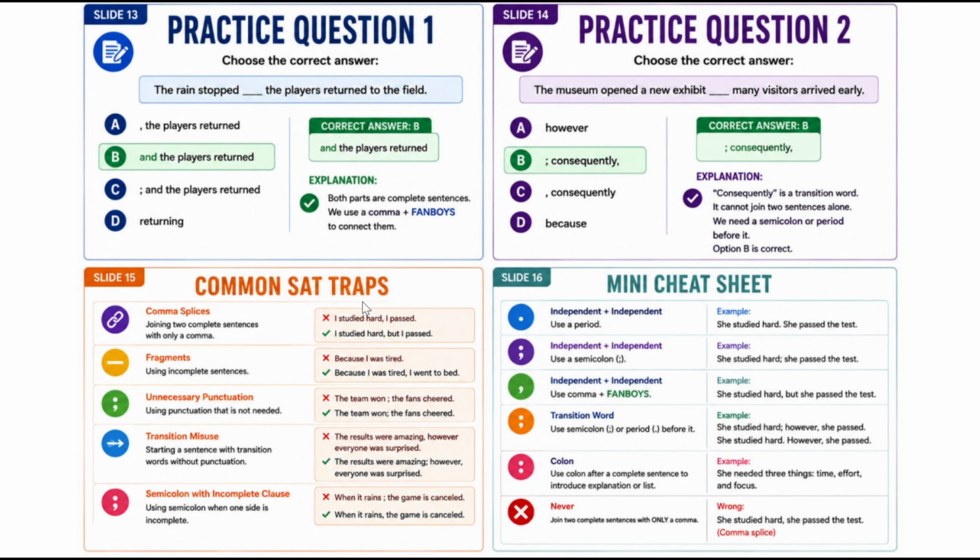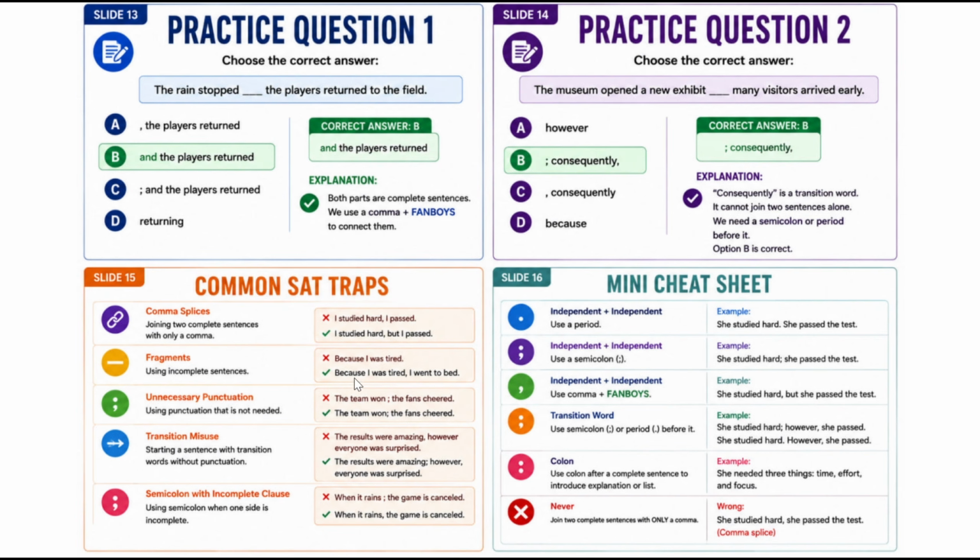Common SAT traps. Trap number 1, comma splice. Wrong: I studied hard, I passed it. Correct: I studied hard, but I passed it. Trap number 2, fragments. Because I was tired. Wrong. Correct: Because I was tired, I went to bed.